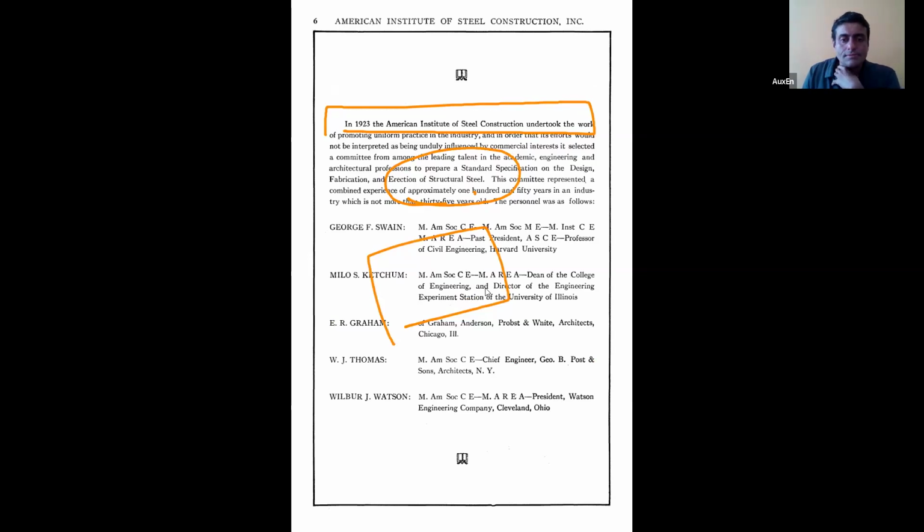As I was telling, I just want you to have a quick look. There are some interesting things that I want to tell. So in 1923, this American Institute undertook the work of promoting uniform practice in the industry.